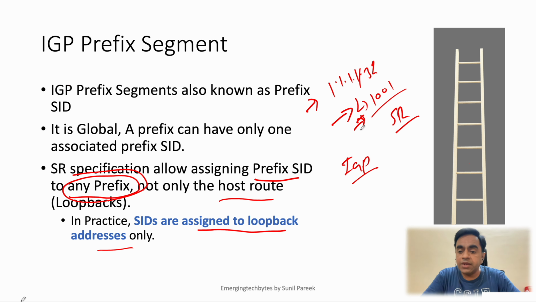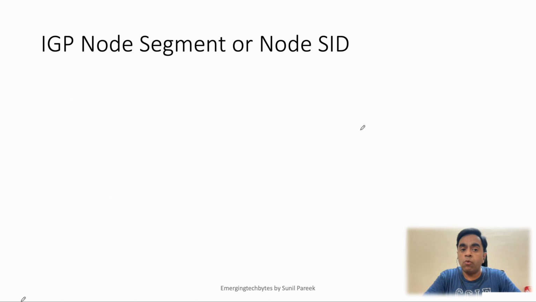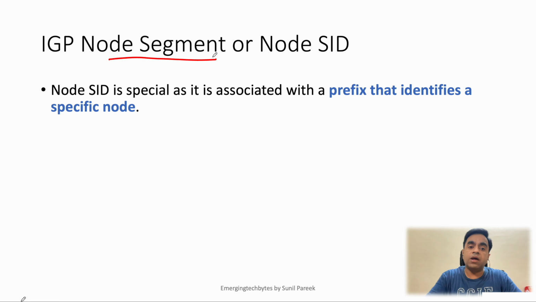So with that, let's just move on to our next type of prefix SID, which is a node SID or a node segment. So basically, a node SID is a special type of SID that actually identifies a specific node. And how can you identify a node?